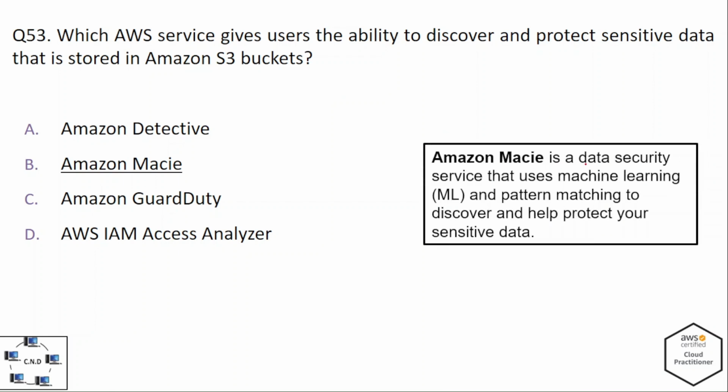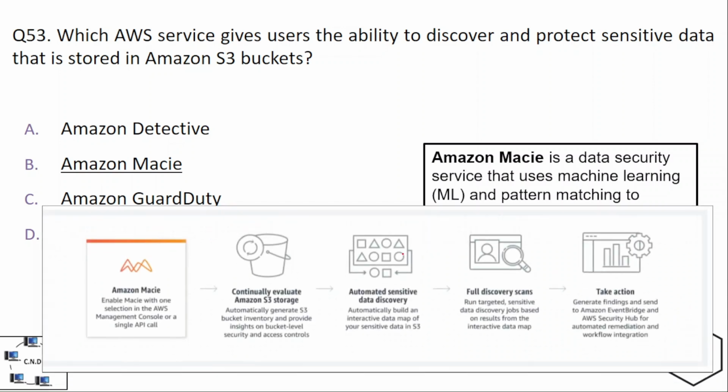Amazon Macie is a data security service that uses machine learning and pattern matching to discover and help protect your sensitive data. And this is how it is done as shown in this visual. You can read the detail by pausing the video. I will move forward to the next question.